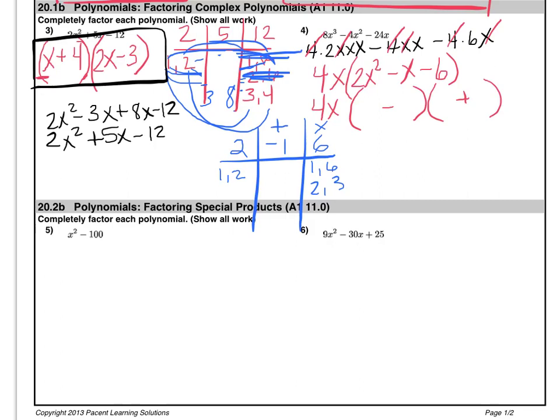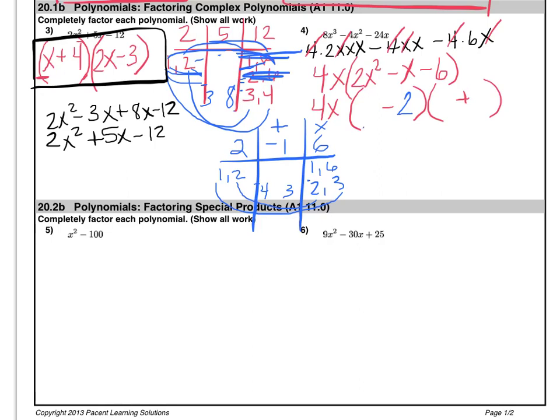Okay, so I'm going to try with the 1 and the 2, and the 2 and the 3. So I'm going to say that 1 times 3 is 3, and 2 times 2 is 4. And so that is going to add to make a negative 1, but that means that the 4 has to be the negative. So in order for the 4 to be the negative, this 2 has to be the negative. So I'm going to put my negative 2 in here, and he has to combine with the 2 as the front term.